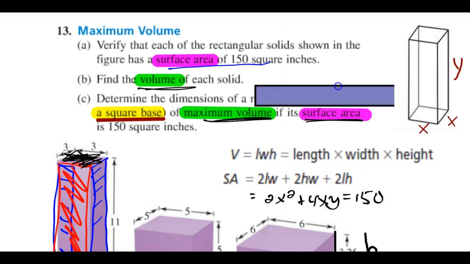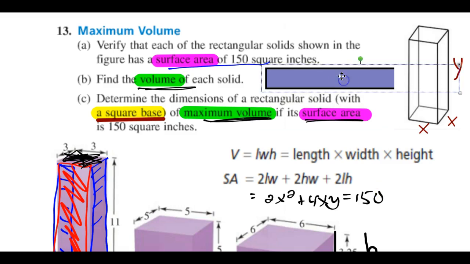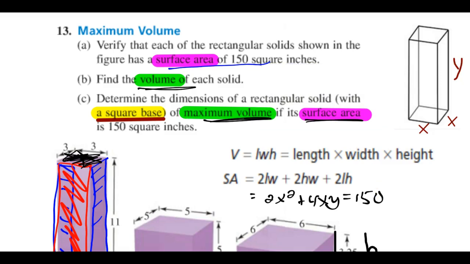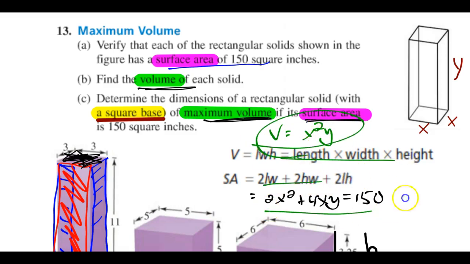Ugh, so let's see what they do for volume. Well, at least they do say length times width times height. So again, I don't always like what the author says. I just would have said our volume is what? X squared y. So these are some general formulas, but I would get to these for volume and surface area.